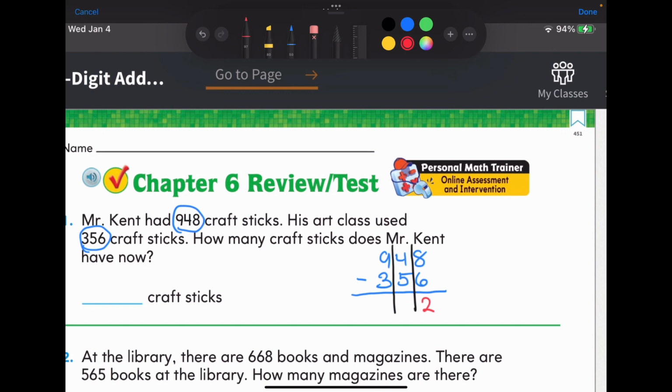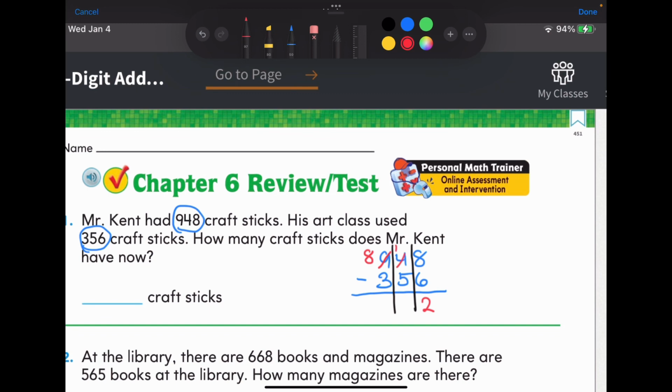Well, it looks like we have a problem there. We can't have 4 on the top because it's bigger than 5. We must have a bigger number on the top, which means that 4 needs to go over to the neighbor. We need to go next door and take 10 more. So that 9 becomes an 8.